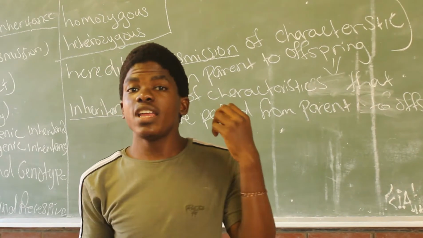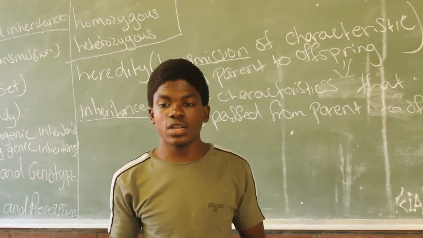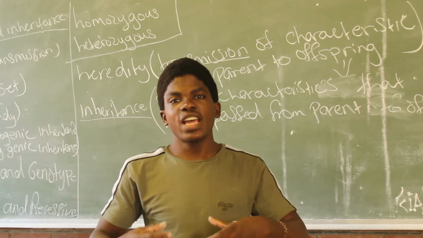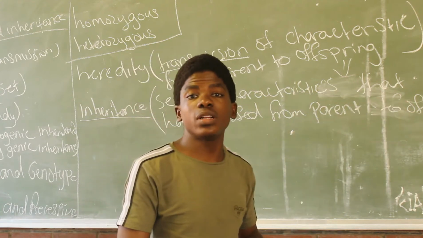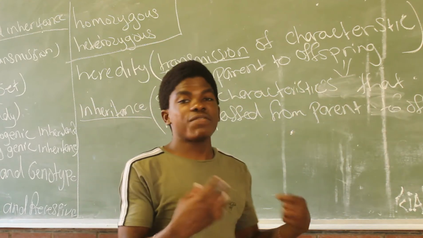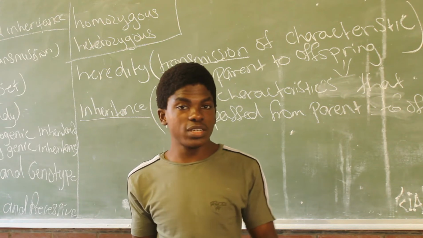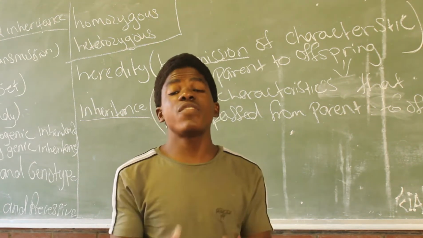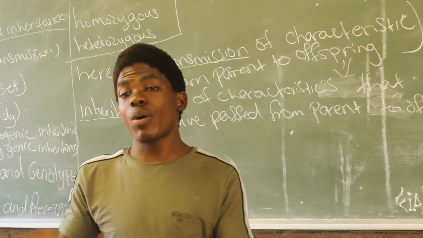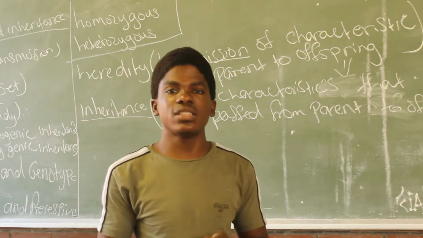It's what your parents have left you. So like when they write their will, then they say, okay, if anything should happen to us, then the house, the cars, the money, everything should go to our child. That is inheritance.